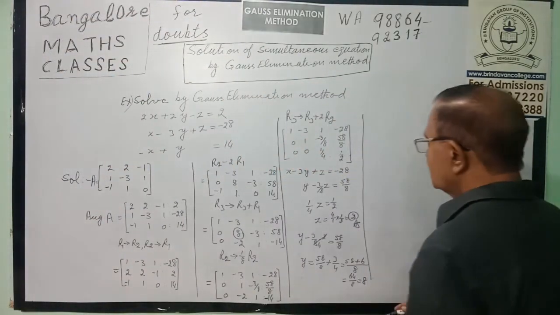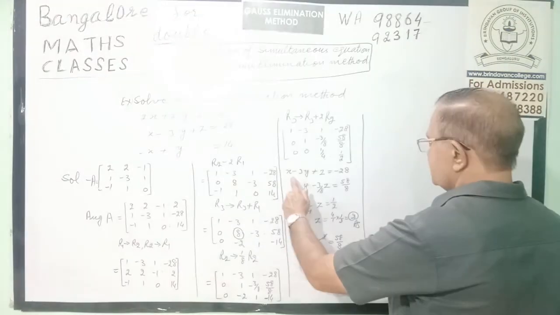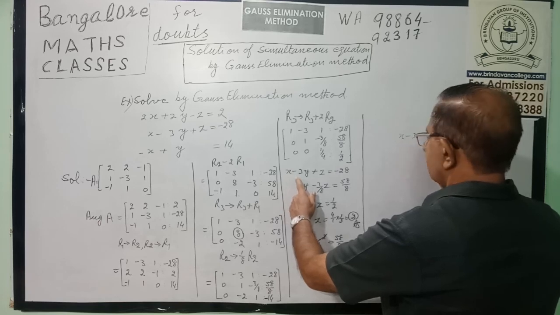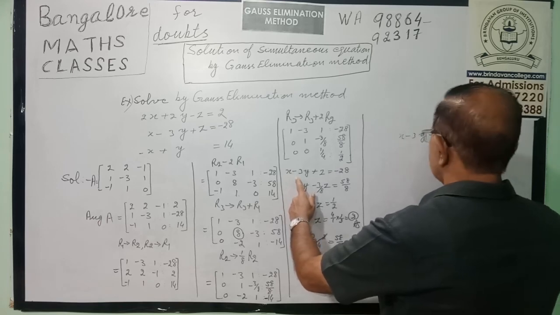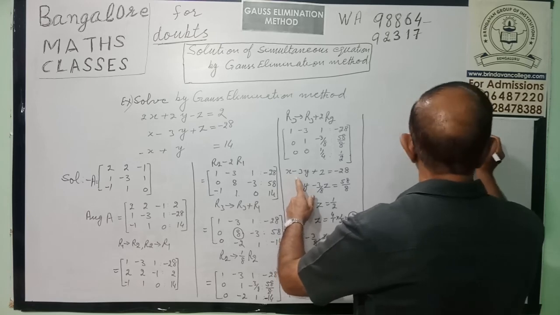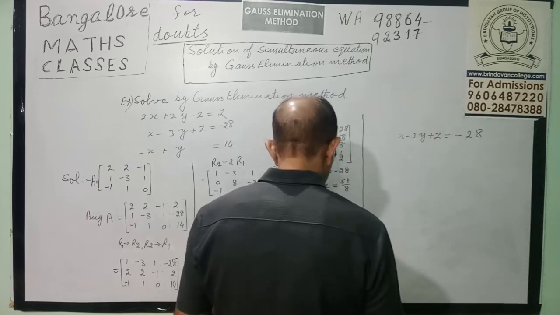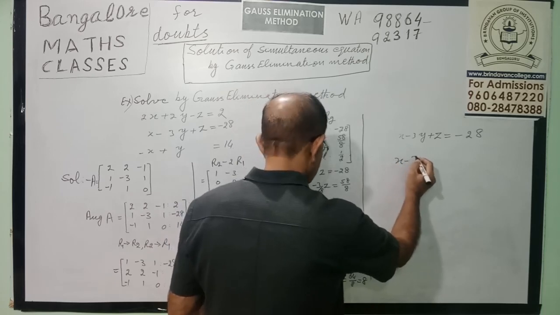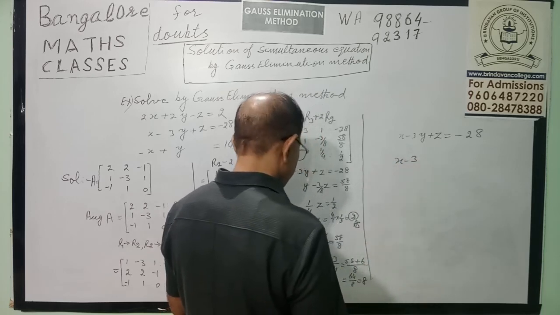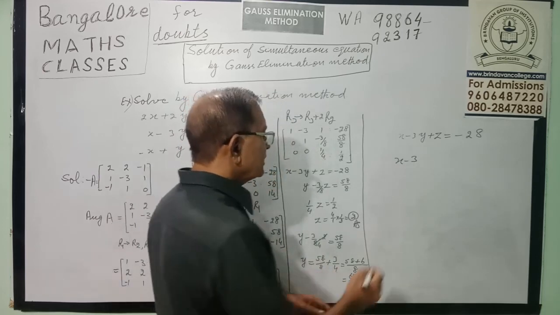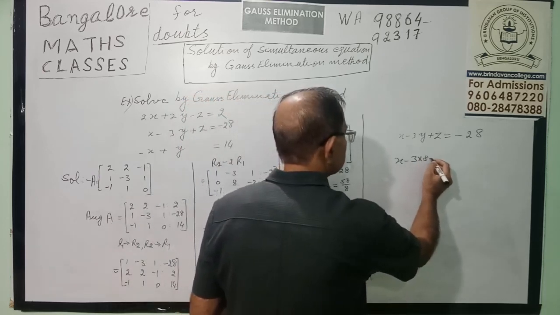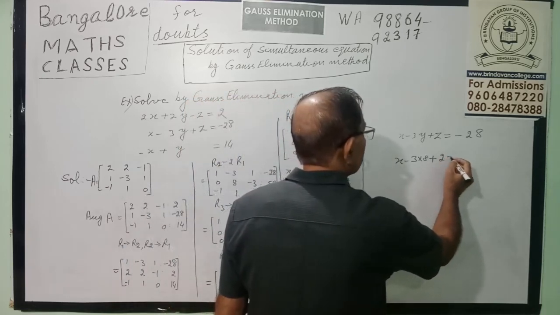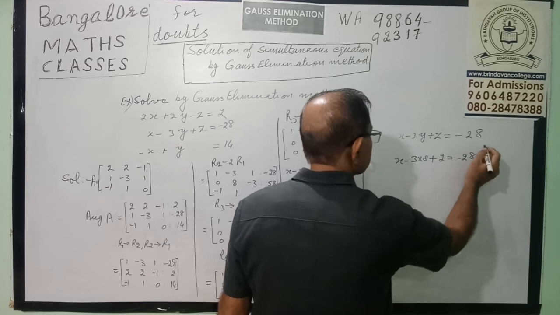Then the third one, x minus 3y plus z equals minus 28. Now x we want: 3 times y for 8, z for 2, minus 28.